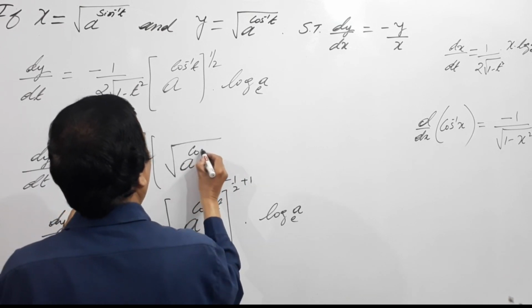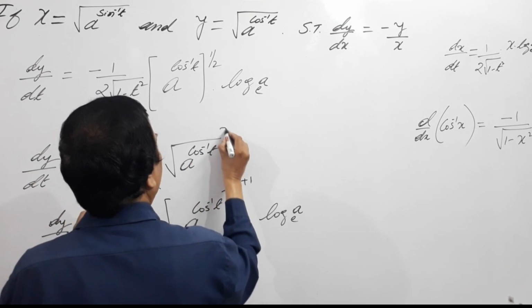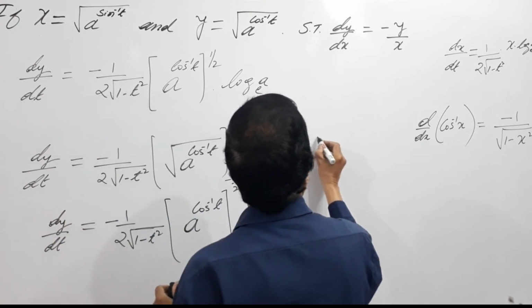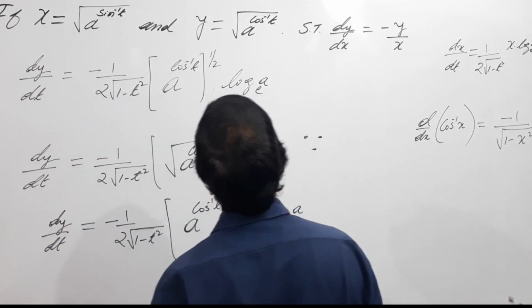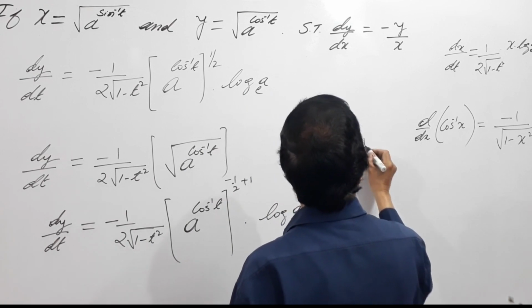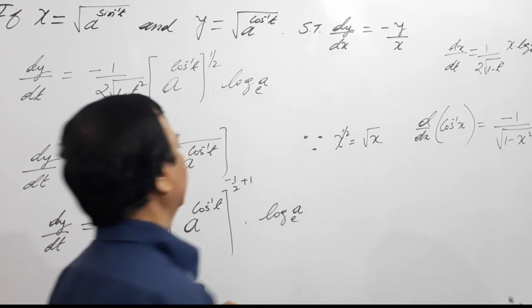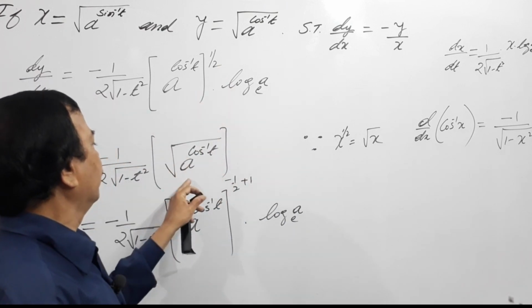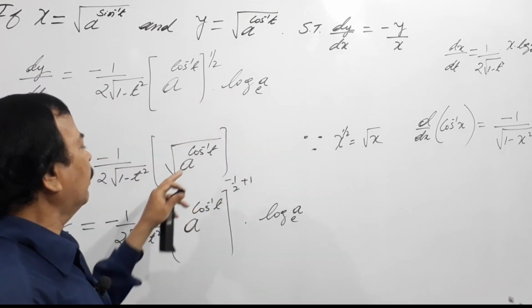a to the power of cos inverse t, since x to the power of half equals to root x. So this half I removed it and I put this within the bracket. But what is this?